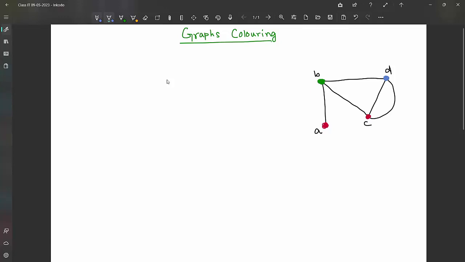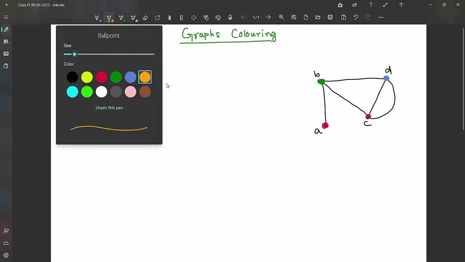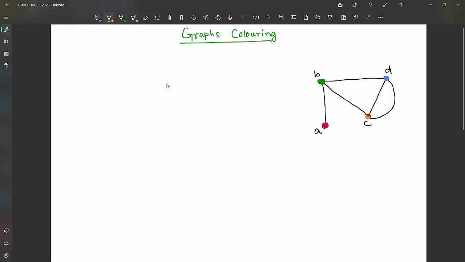You can also give a different color to C. Instead of this color, you can take a yellow color. It will also produce a coloring of the graph where no two adjacent vertices have the same color. Is it correct? Or, using 4 colors, 1, 2, 3 and 4, you can also color the graph.